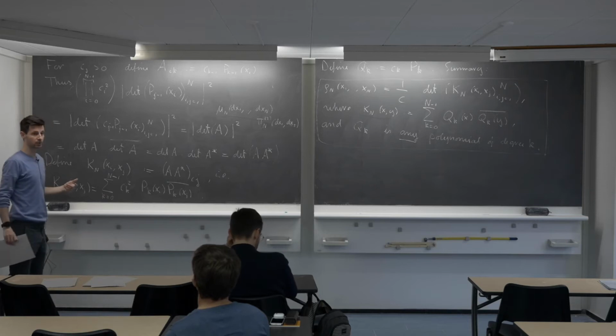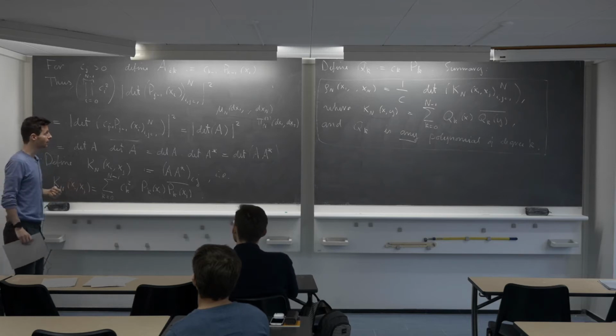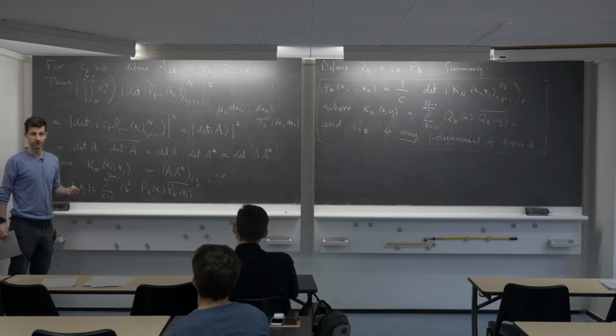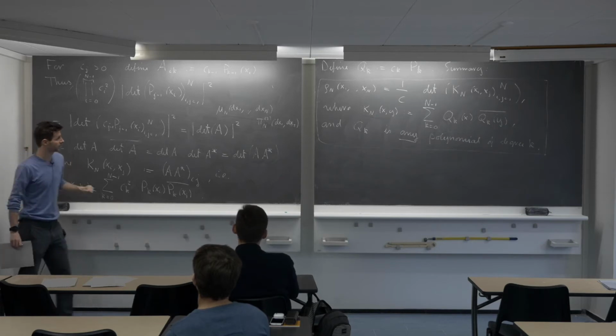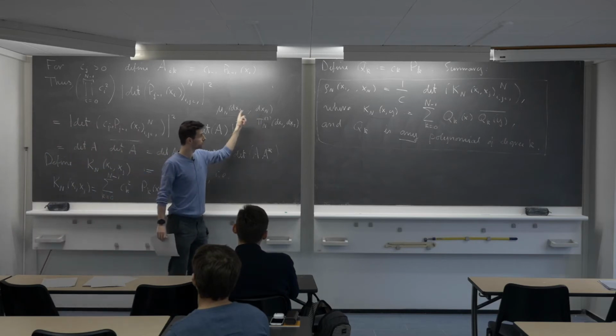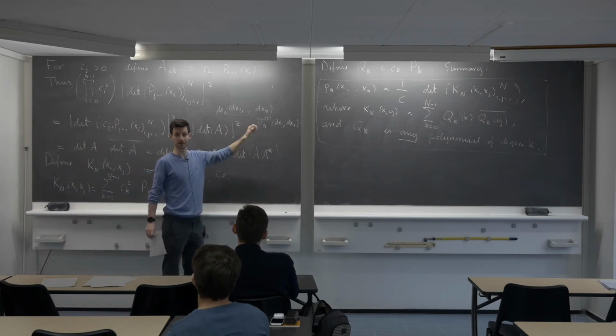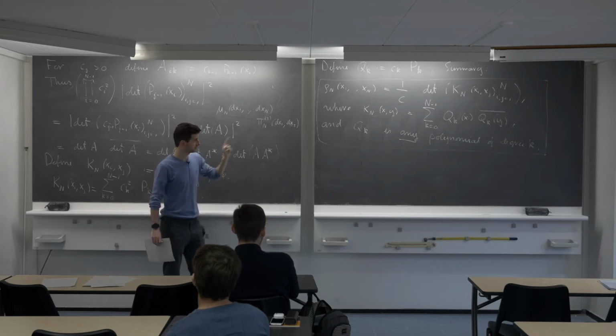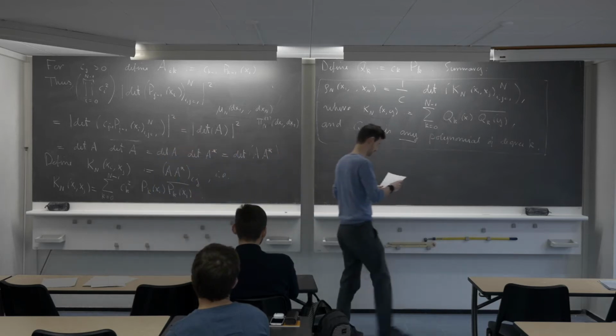You have polynomials. You have to integrate out with respect to Gaussian weights, and the factors in front are polynomials. So in principle, one can do that. However, if you start doing it naively, you will find yourself in an enormous mess, and even doing just one. And in fact, here you have to do n minus 2, for example, and then you have to take the limit as n tends to infinity. So you have to do this in a smart way, and this is the smart way to do it.